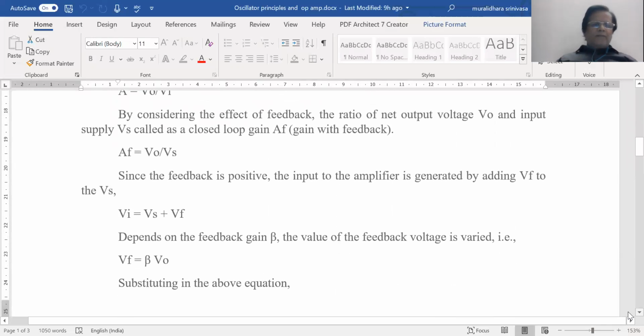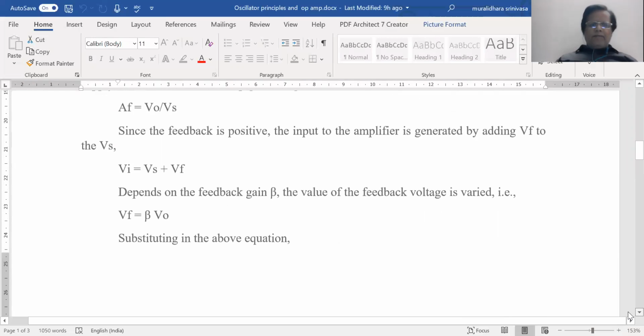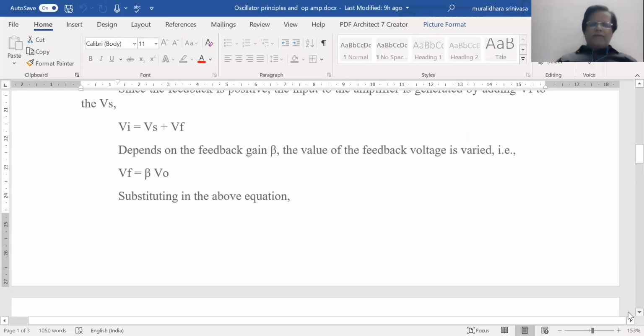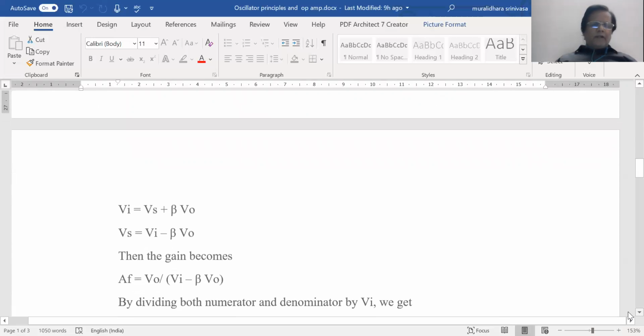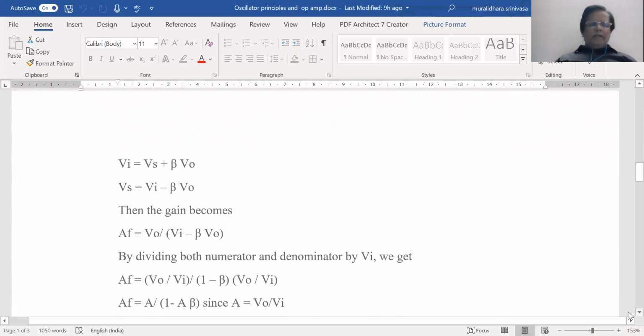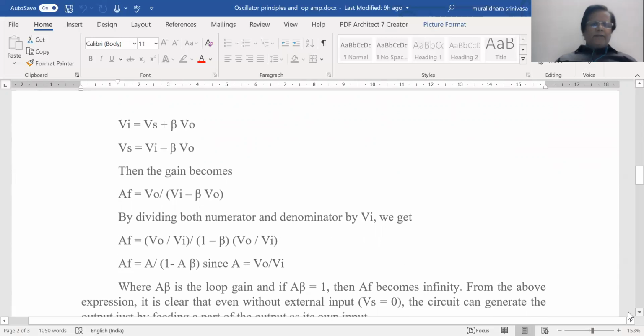Since the feedback is positive, the input voltage Vi becomes Vs plus Vf. Depending upon the feedback gain beta or the feedback fraction beta, Vf is simply beta V naught. If you substitute in the equation, Vi is equal to Vs plus beta V naught. Therefore, Vs is equal to Vi minus beta V naught.